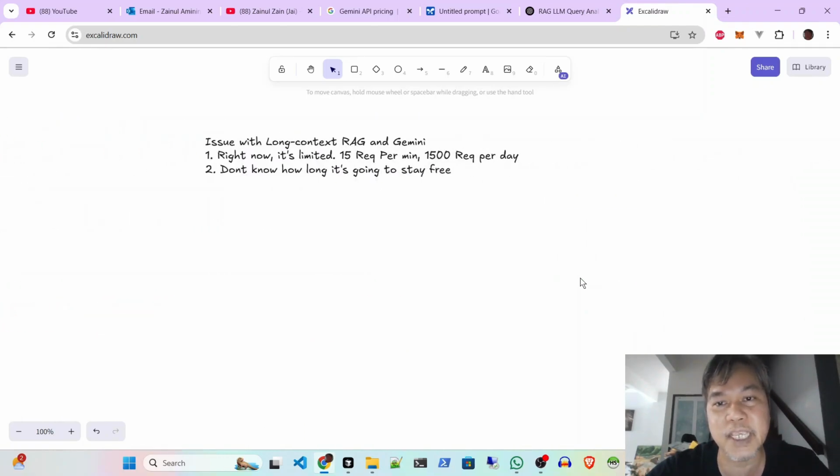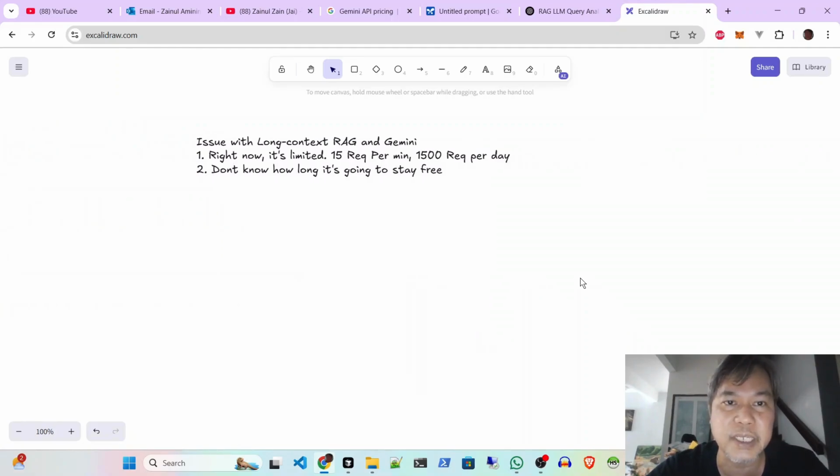Okay, but there is definitely a drawback to using this style. Right now it's limited. The free version, the Gemini 2.0 Flash free version, allows only 15 requests per minute and 1500 requests per day. And also this is all still experimental, so I'm not sure whether they are going to keep this LLM free forever, or start charging. That one we don't know. Hopefully they will keep it this way.